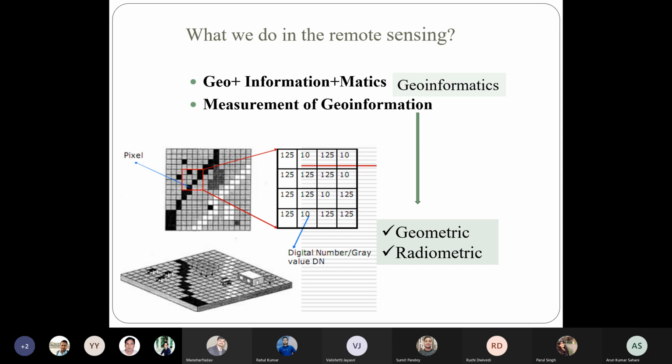Okay, so I discussed what we mean by geoinformatics. It is the information acquisition of Earth surface objects and further processing. So how do we measure the geoinformation, and what do we mean by geoinformation here?